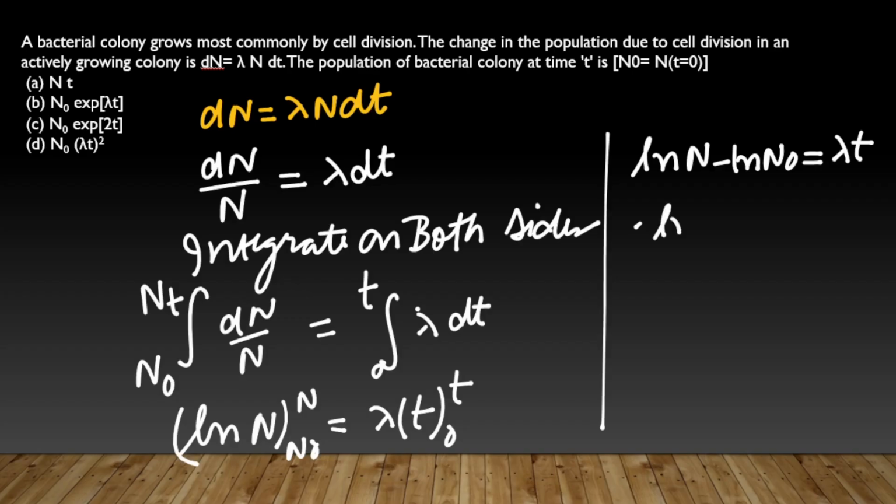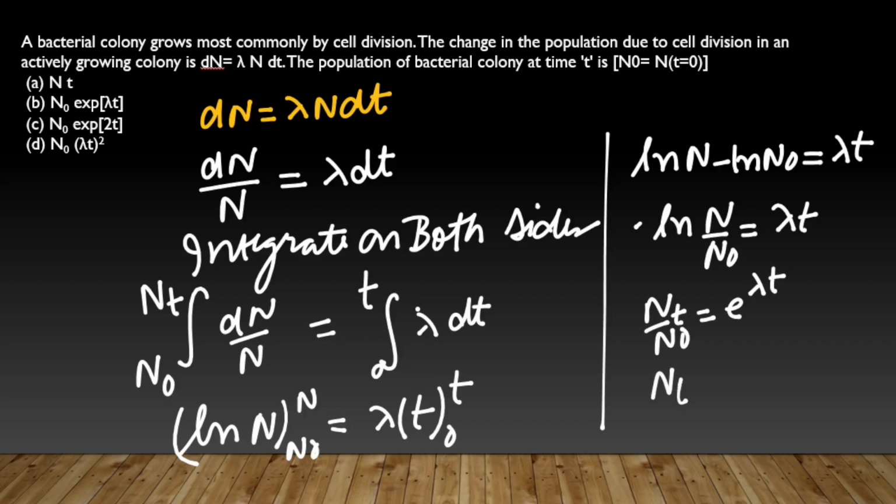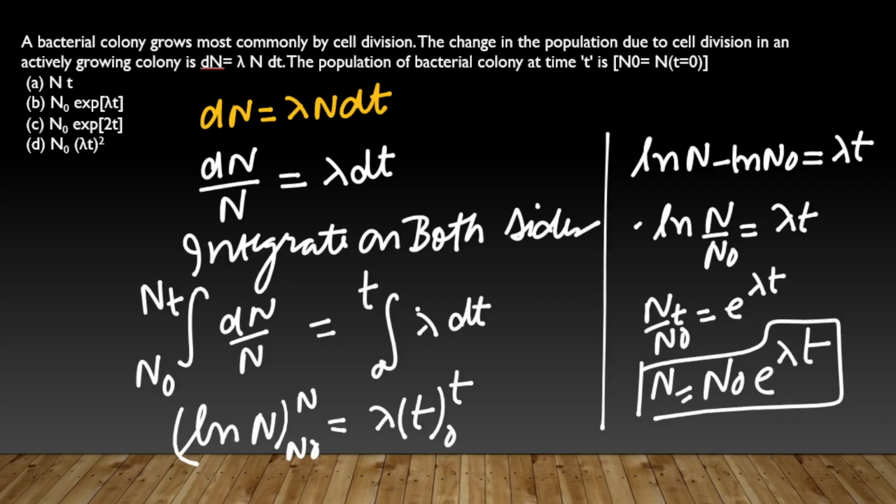So we can say natural log of n by n naught is equal to lambda t, or n by n naught is equal to e raised to the power of lambda t, or the concentration after the time t is n, which will be equal to n naught times e raised to the power of lambda t. So this will be the concentration of the bacterial growth after time t, that is n naught times exponential of lambda t, which is given to us in option B.